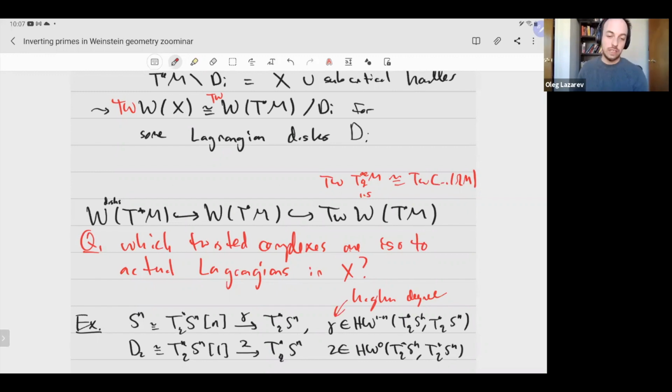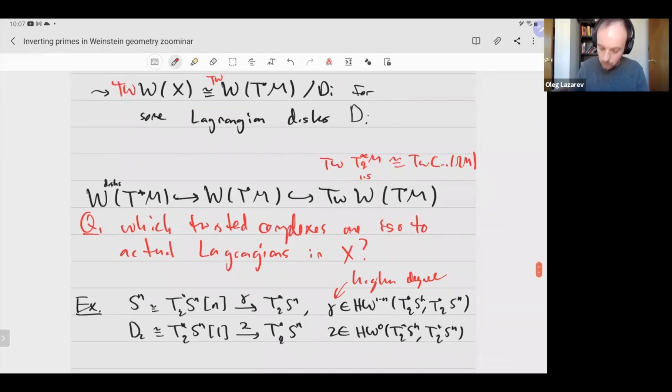But then we also have these Lagrangian disks that I mentioned. Like the D2 disk is just a twisted complex of two cotangent fibers with differential given by 2. When I say 2, I mean really 2 times the identity morphism. And this is a morphism in degree 0.